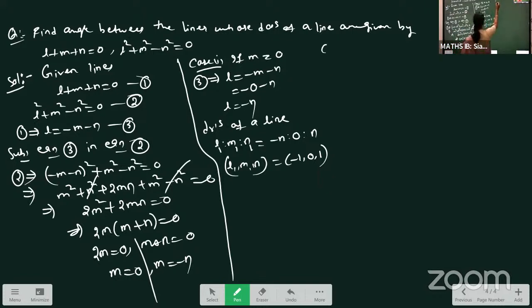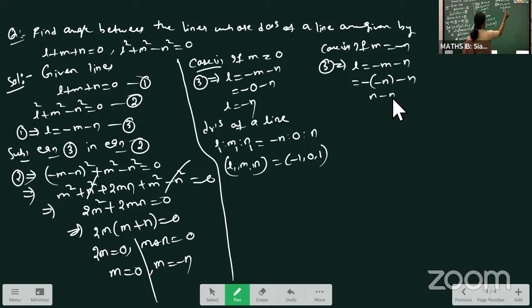Next, case 2. If m is equal to minus n, again go to equation 3. Equation 3 is l is equal to minus m minus n. Substitute, minus as it is, m means minus n. Minus into minus is plus n, minus n. Both are cancelled. We are getting l value as 0.